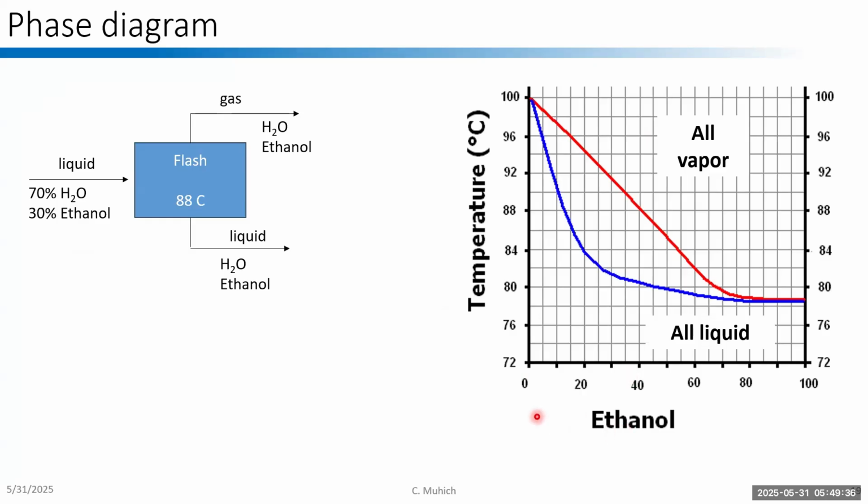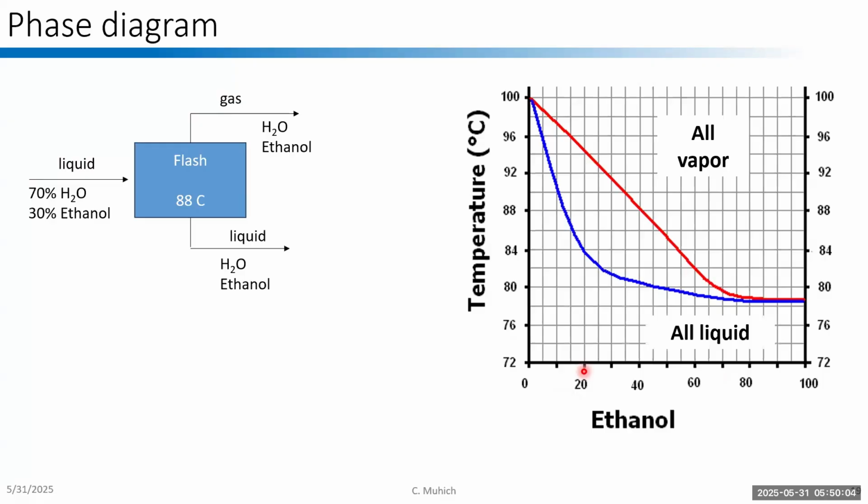If you're unfamiliar with how these work, here at the bottom, I have the fraction of ethanol. The fraction of water in the stream is just one minus the fraction of ethanol. So at this point where it says 20, that's 20% ethanol. It would then be 80% water.